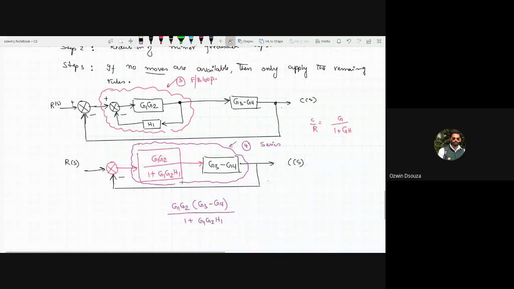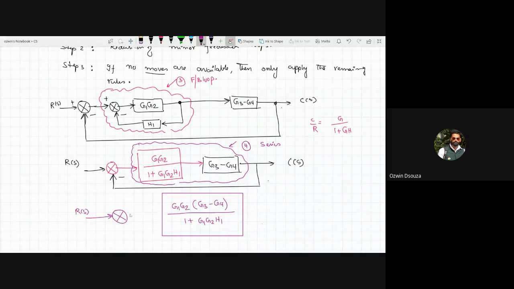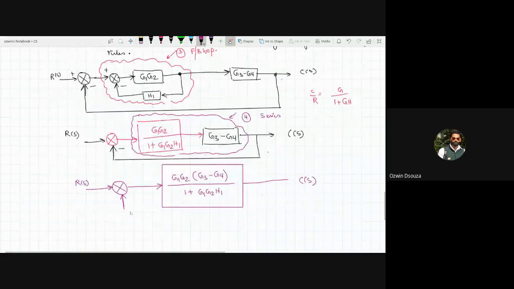Okay, and this is your block. Okay, and you're going to have a summing point over here, R of S, and this is your C of S, right? And this is your feedback. Okay, this is plus and this is minus.